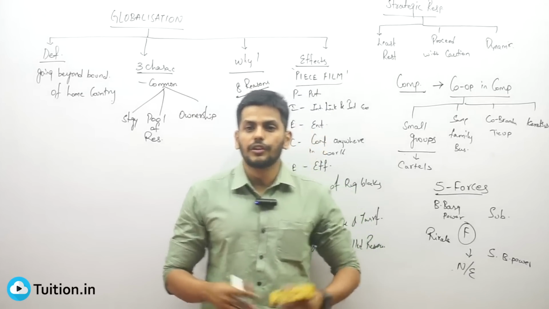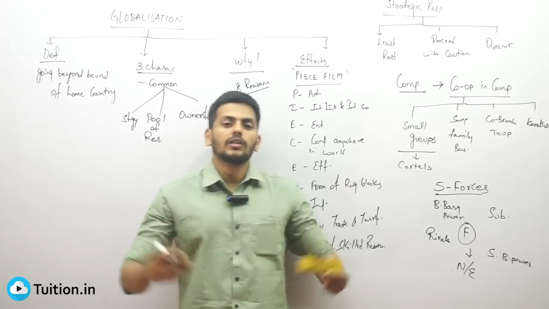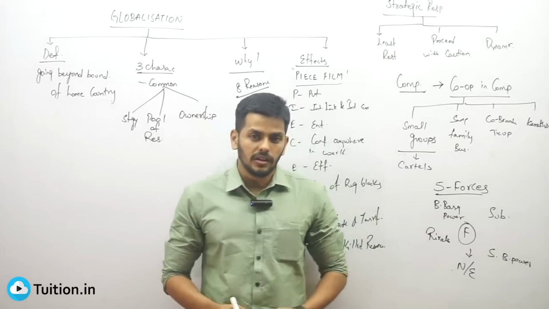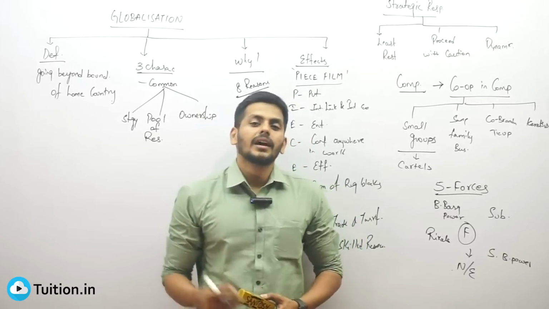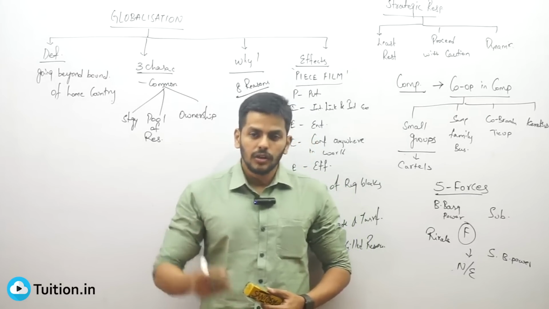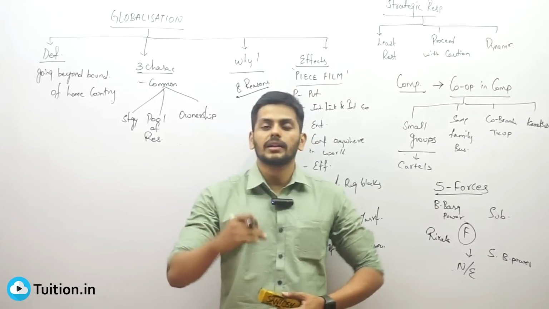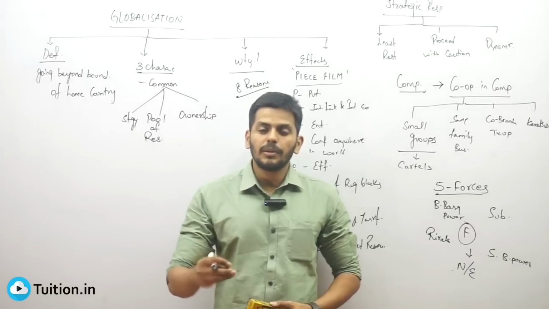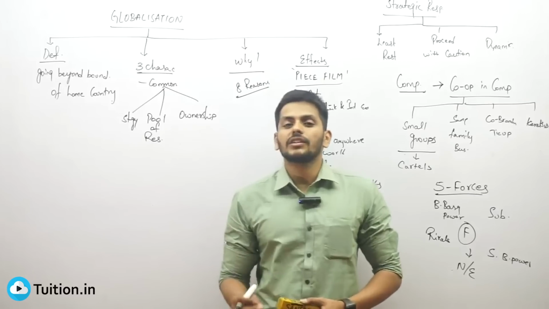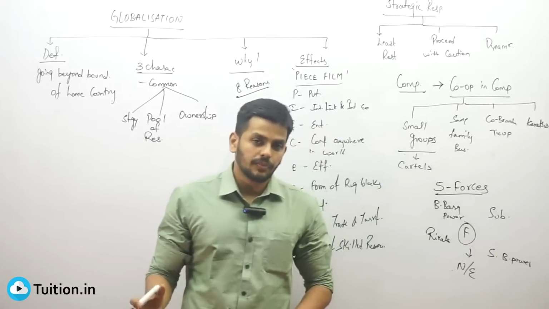Let me first introduce you to the 2 definitions that are very important. One is management, the other one is strategy. According to Peter Drucker, management is a function, a discipline, and a task to be done, and people who do it are called managers. So he phrases it like this: management is a function, discipline, and a task to be done, while managers perform the function, practice the discipline, and discharge the task. That's his way of putting it.